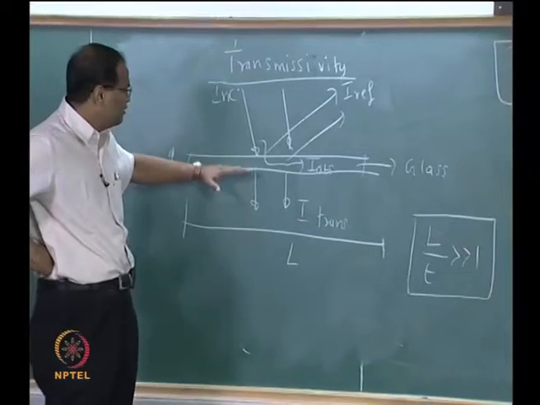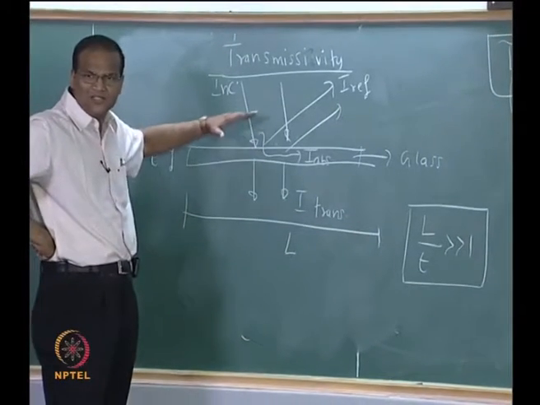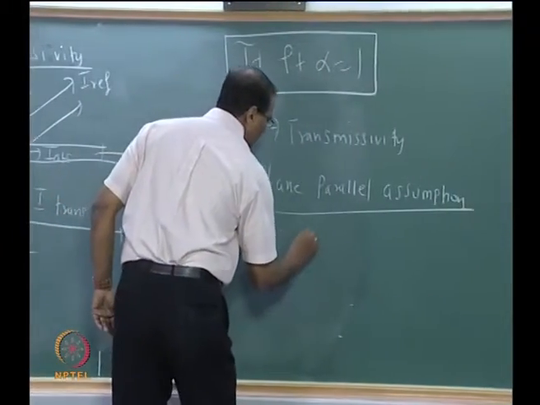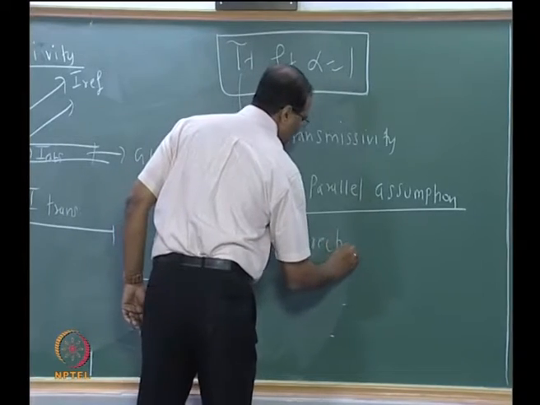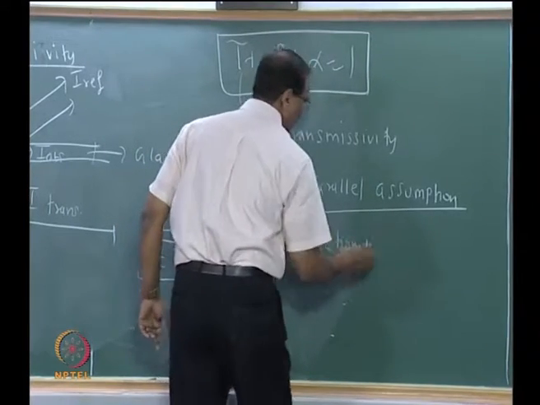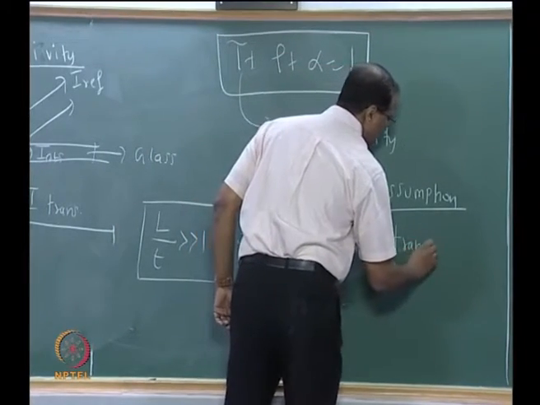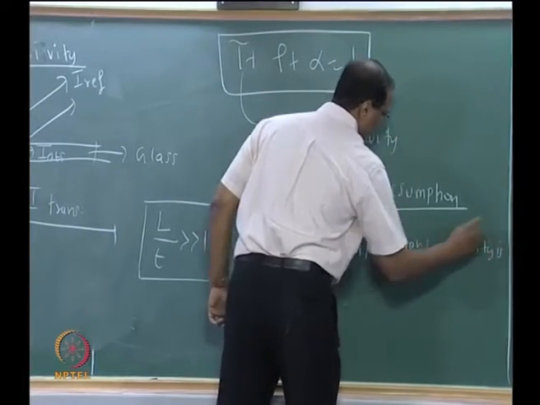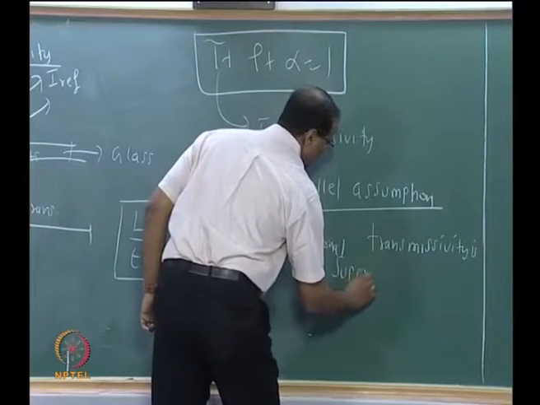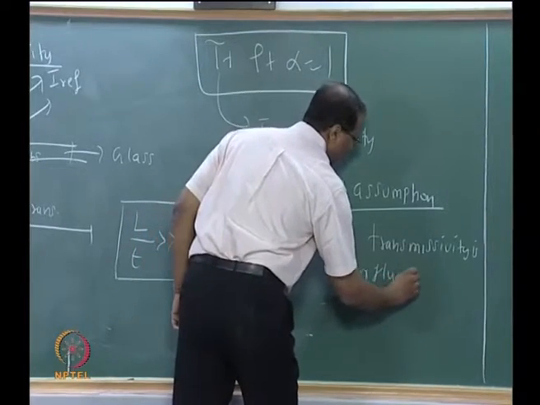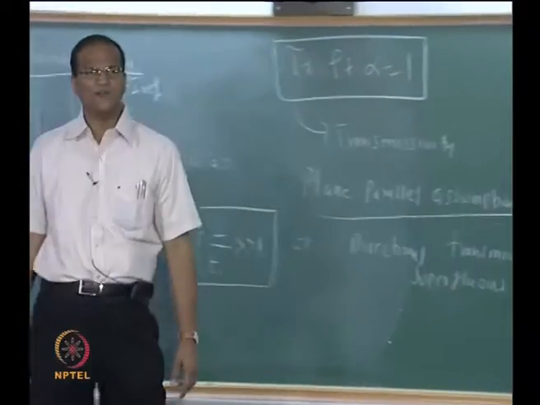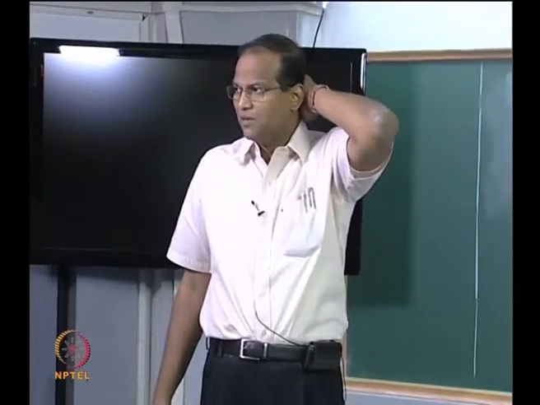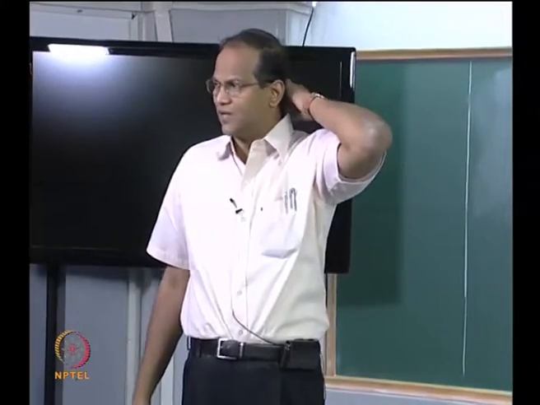So properties vary across this height only, therefore directional transmissivity is superfluous or redundant. There is no need to worry about a directional transmissivity. It makes life easy for us.